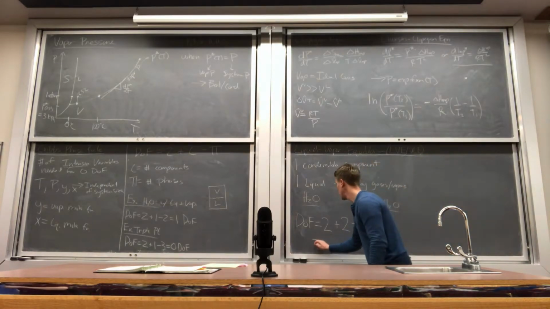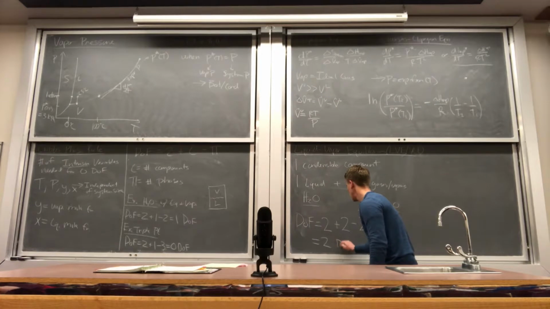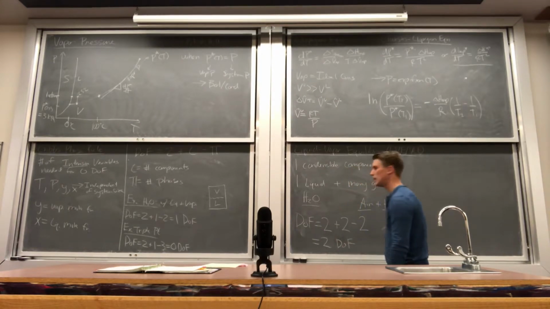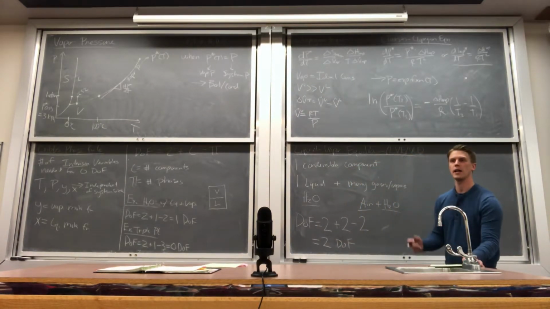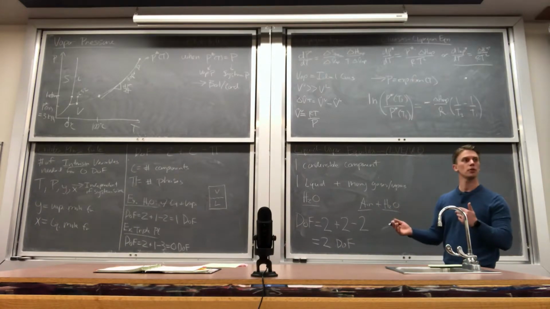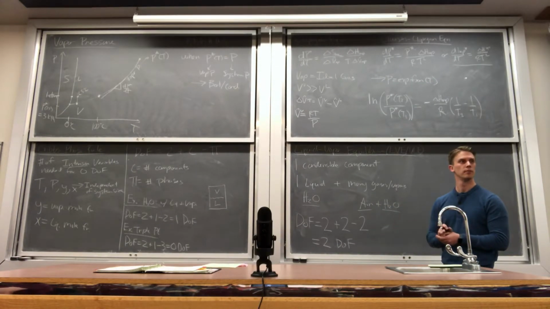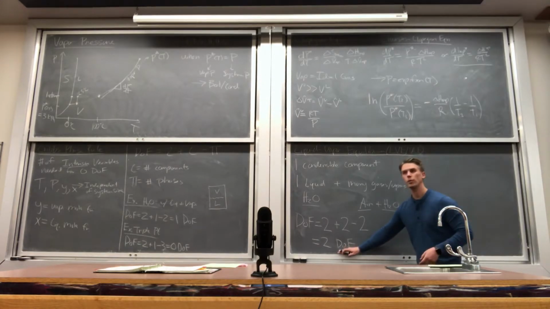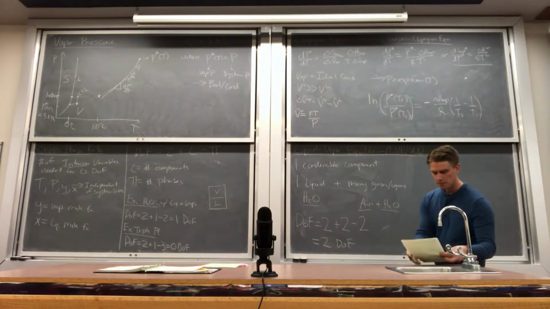That gives us 2 degrees of freedom, which means that we can either define the composition of the vapor phase and the pressure, or the pressure and temperature, or the pressure and the composition. That gives us a couple tools that we can use to look at what's going on.